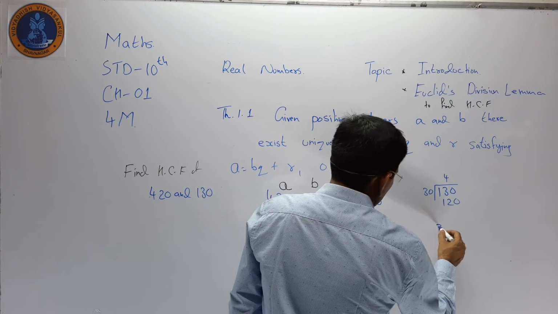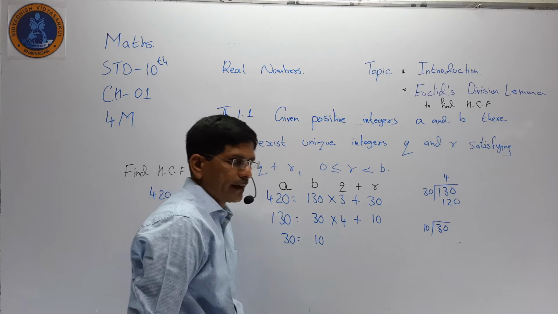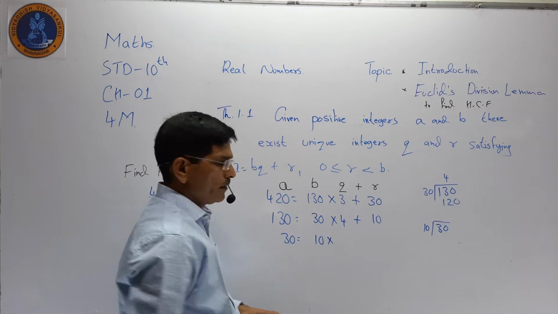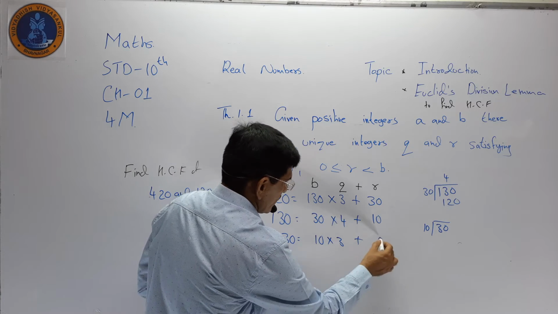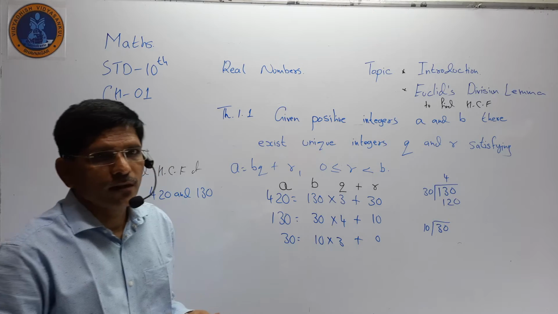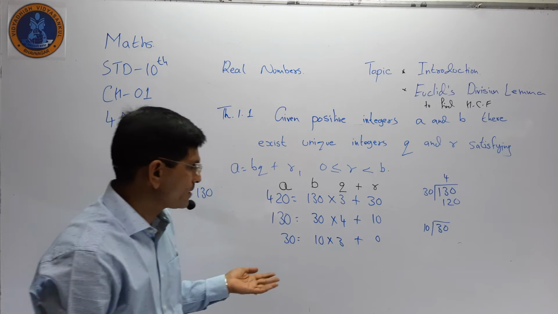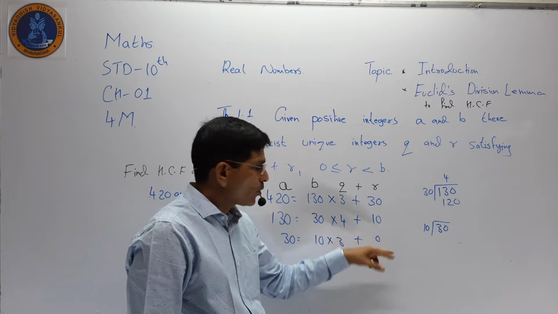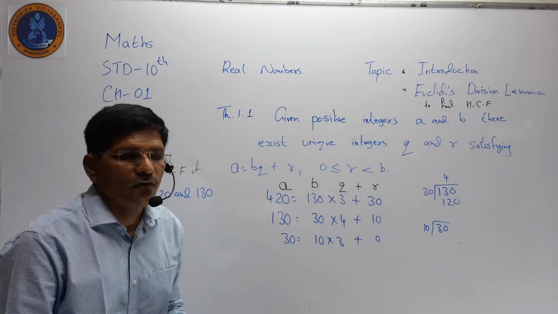Again 30 divided by 10. So 30 into 3, here it is 0. So what is my answer again? Either remainder 0 above term, that is 10, or at here value of b.